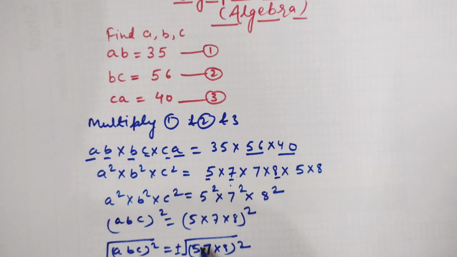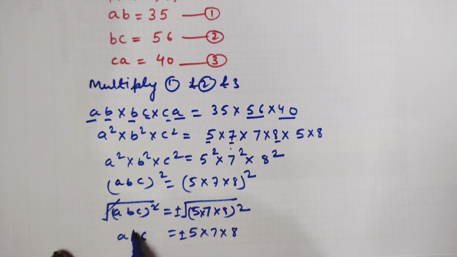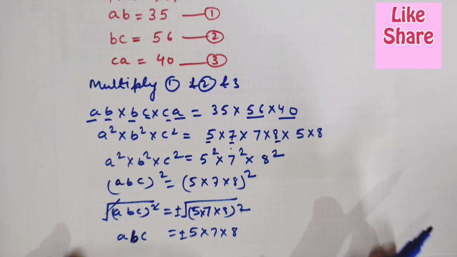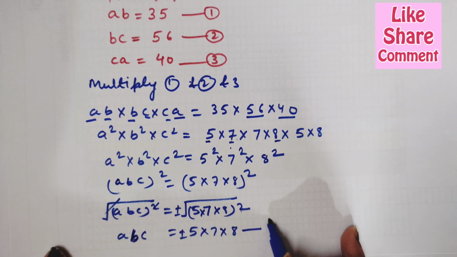This square cancels with the square root, so what remains is plus minus 5 into 7 into 8, and on the left side it is ABC. Again, whenever the square root is there and inside is a square, the square cancels with the square root. So ABC equals plus minus 5, 7, 8.